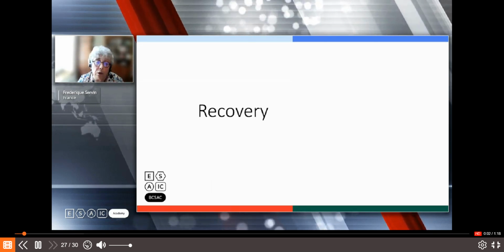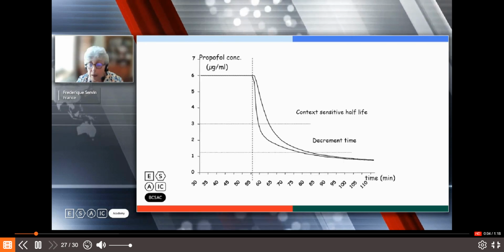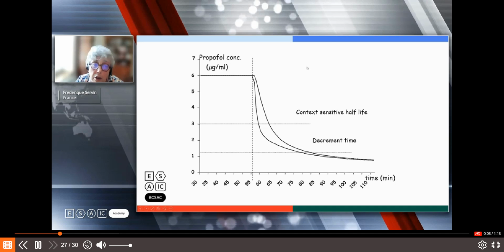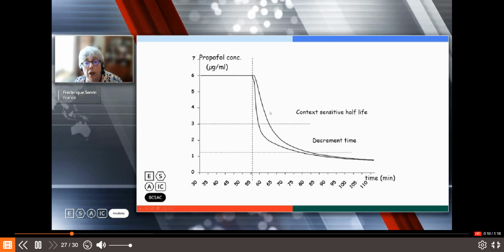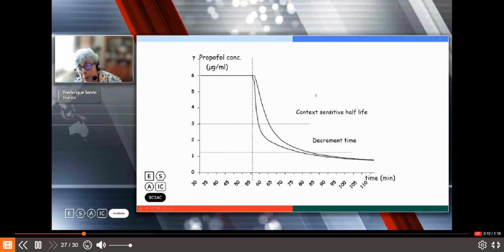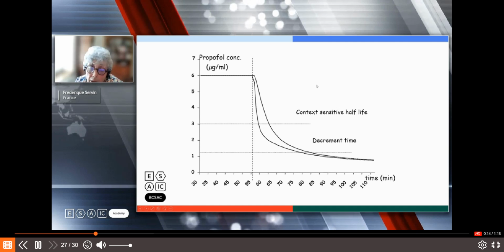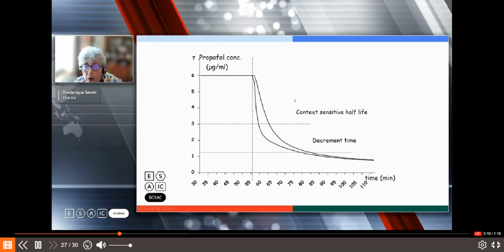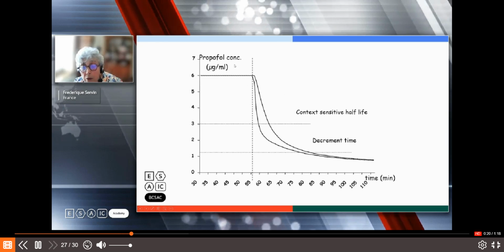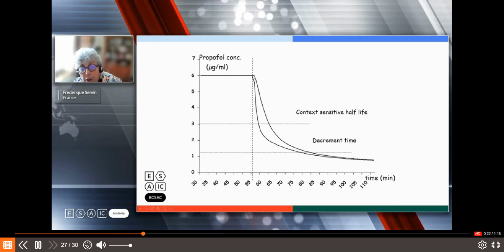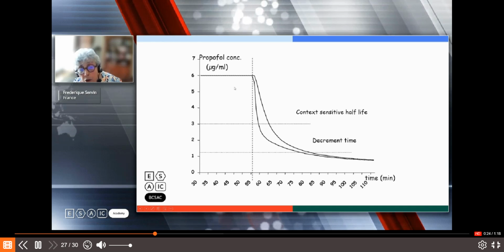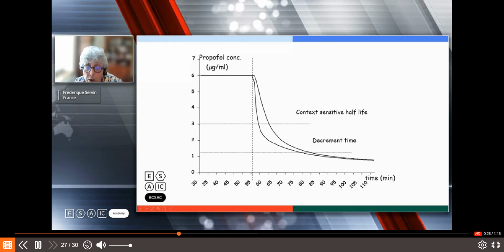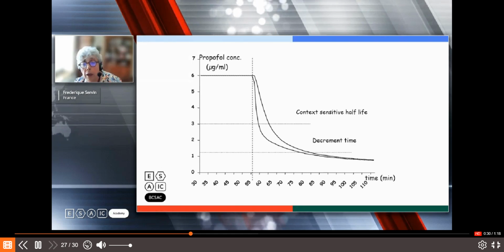A few words on recovery. At the beginning of the 90s, the team from Duke University defined a new pharmacokinetic parameter called context-sensitive half-time. This context-sensitive half-time defines the time for the concentration to be divided by 2 at the end of a constant concentration infusion.